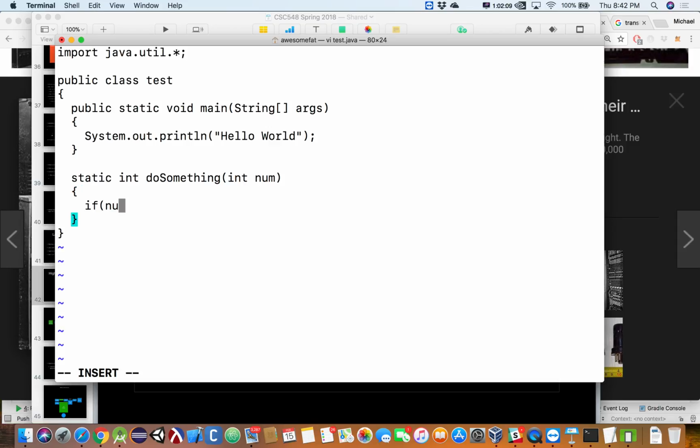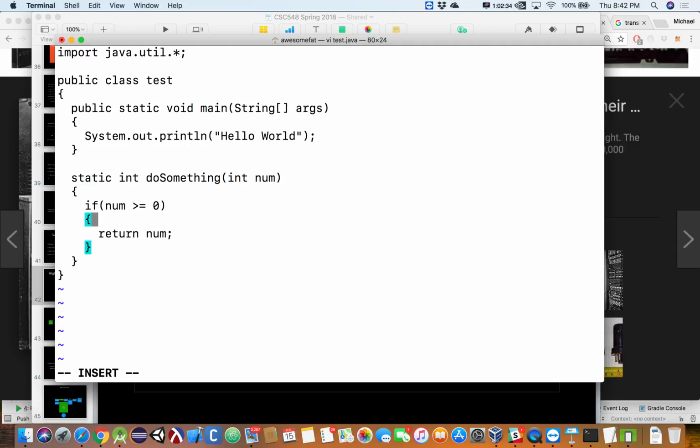And I say if num is greater than or equal to 0, return num. So I only actually want to do something if num is a positive number, or if it's a non-negative number.